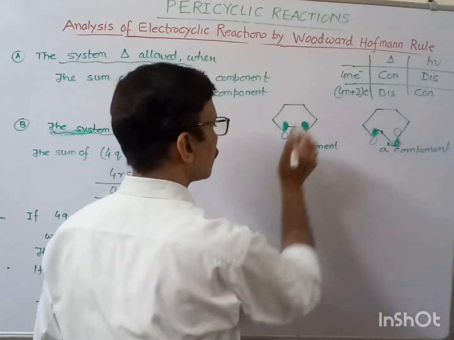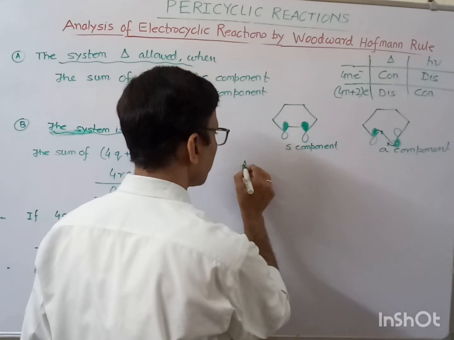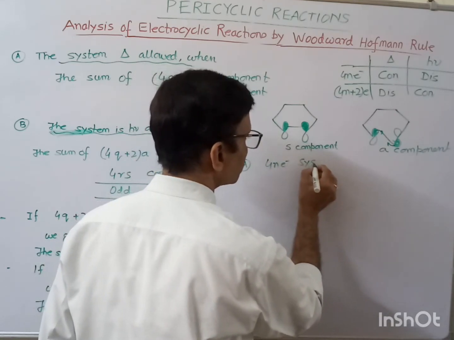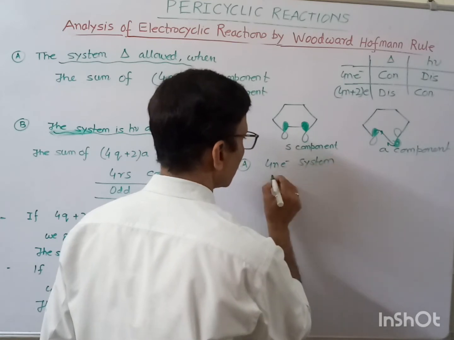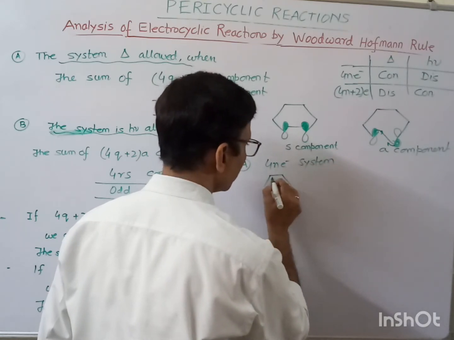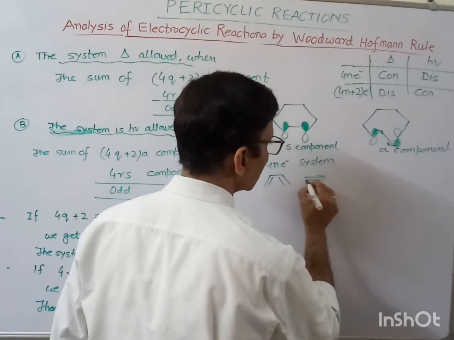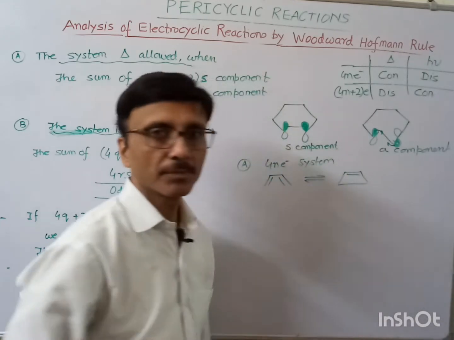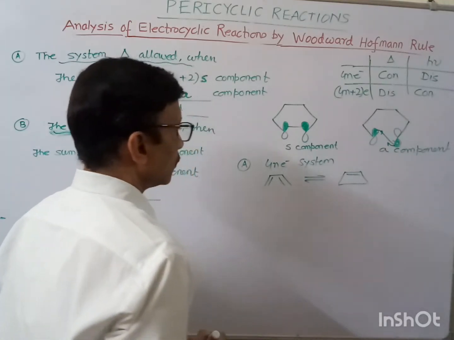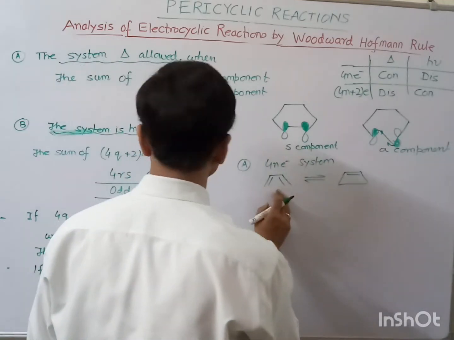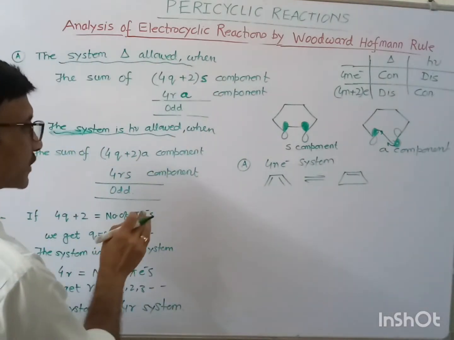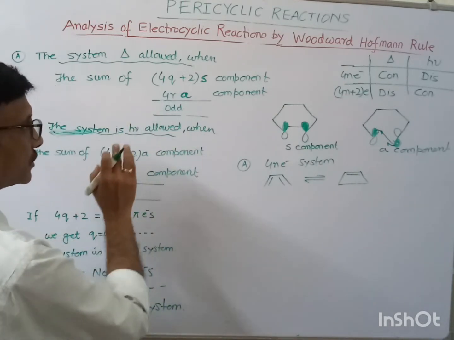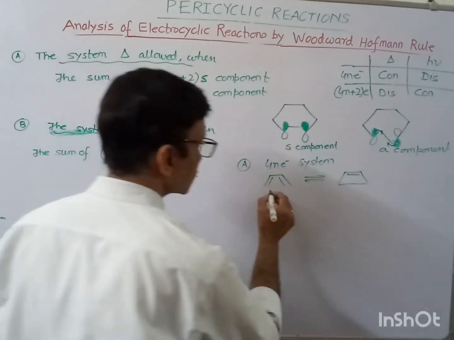For this first, the 4n electron system, for example, butadiene converts into cyclobutene. Now what kind of system is this?